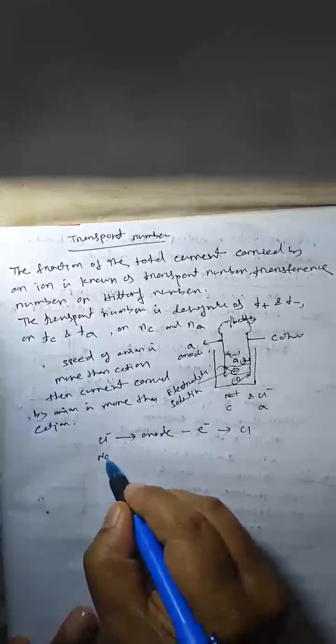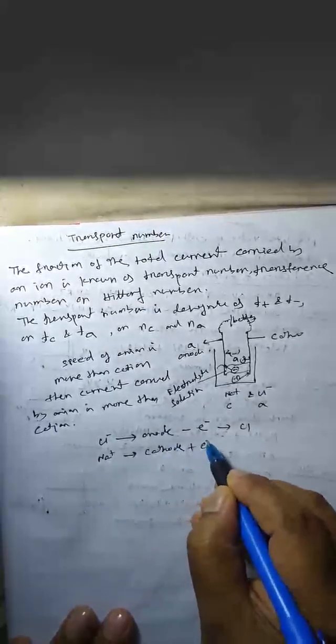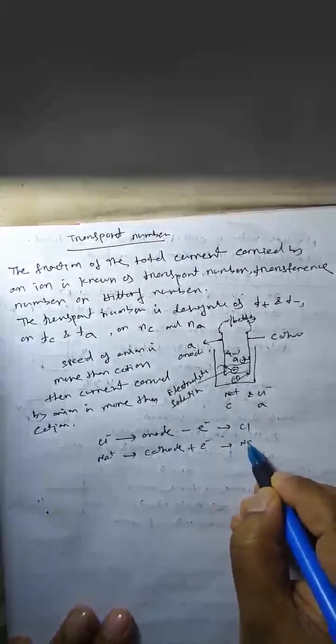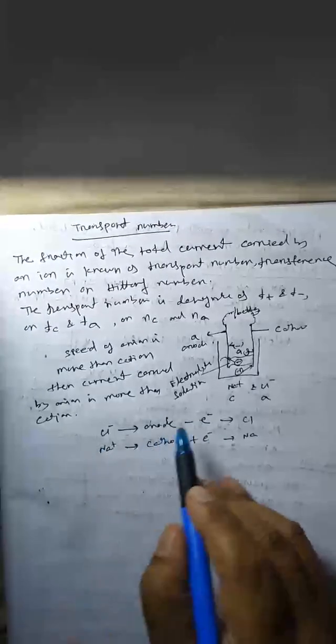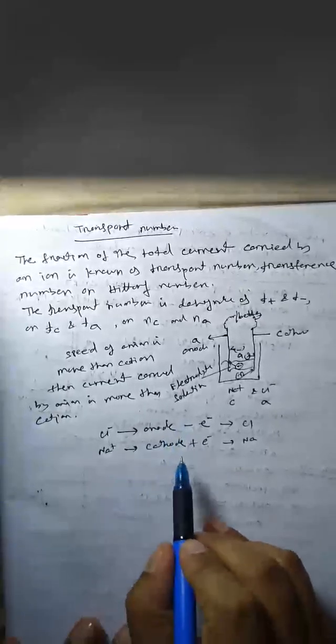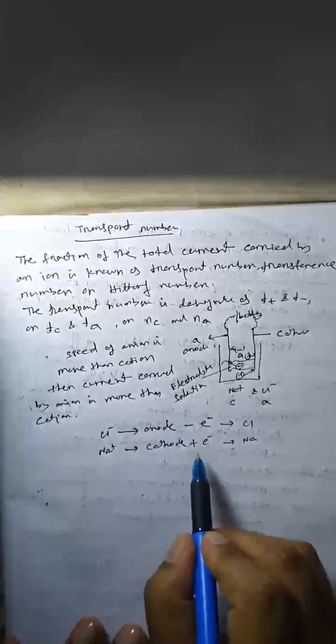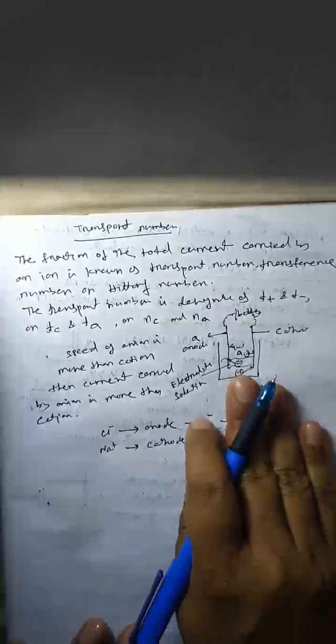Similarly, when a cation moves towards the cathode, it accepts one electron and gets discharged. So this is called electrolysis.